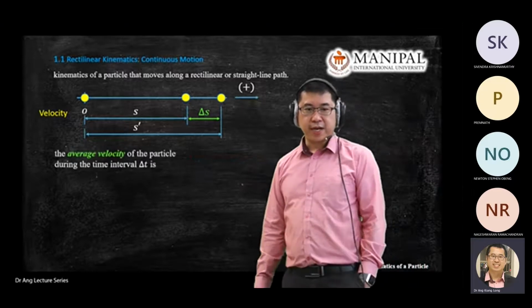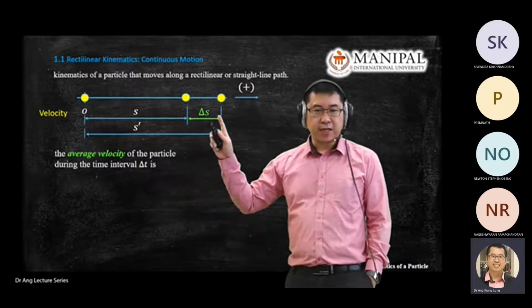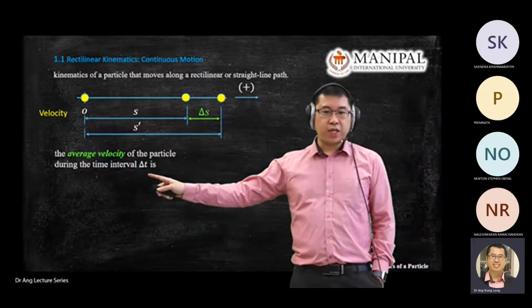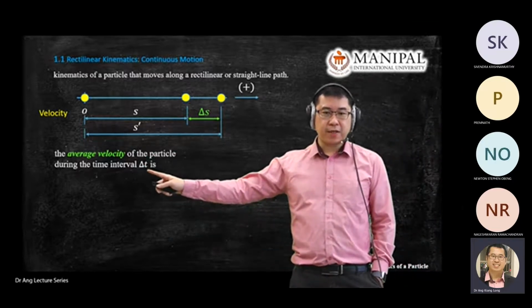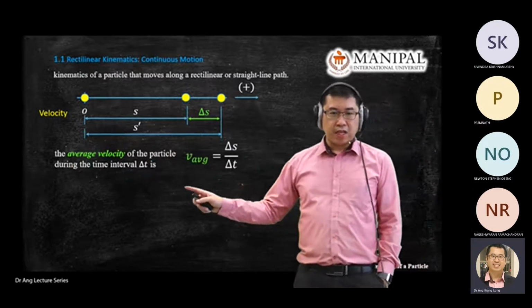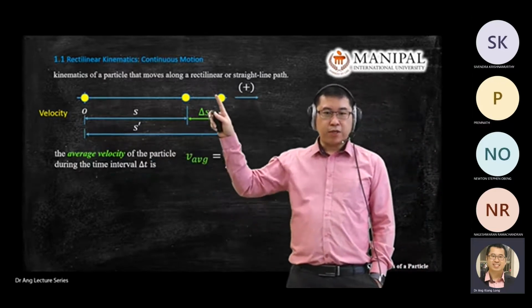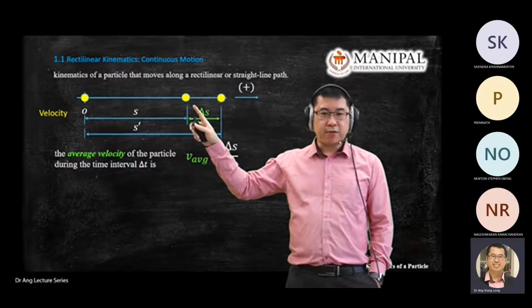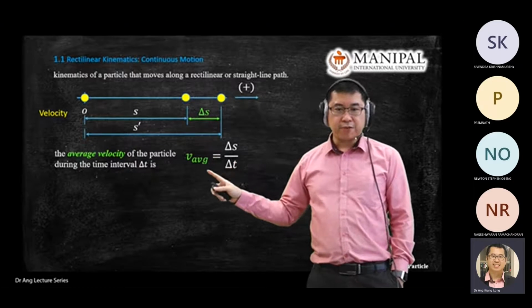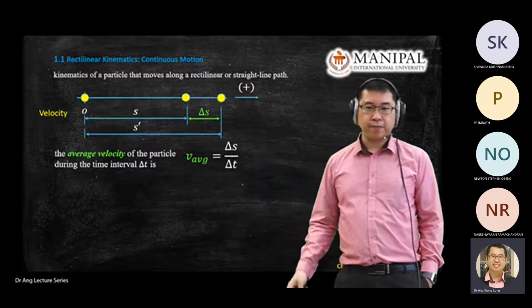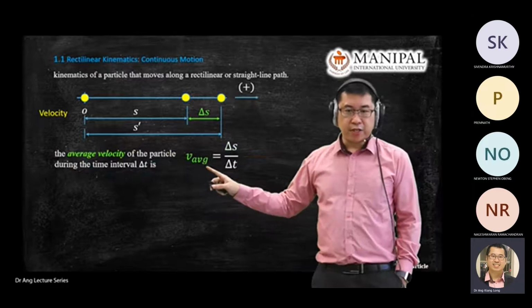How do you define velocity in kinematics problems? We will refer to an interval of time, delta t. If you talk about the motion of a particle and you define the motion in terms of velocity, the first type of velocity we call average velocity.